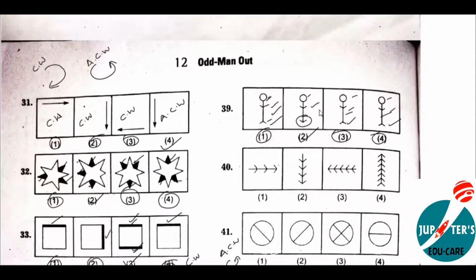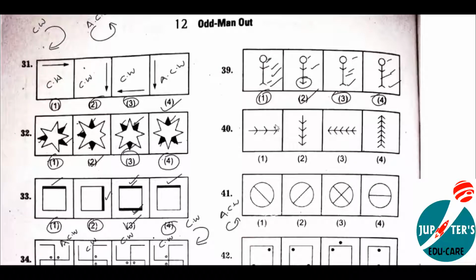Next question number 40. In this first option, count how many arrows we have. 1, 2, 3. 3 arrows we have. In the second option, 1, 2, 3, 4. 4 arrows we have. In the third option, 1, 2, 3, 4, 5. So 5 arrows we have.